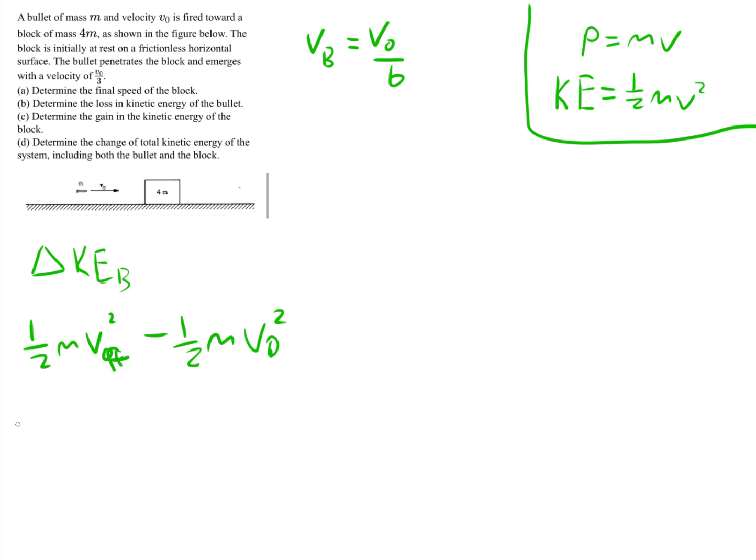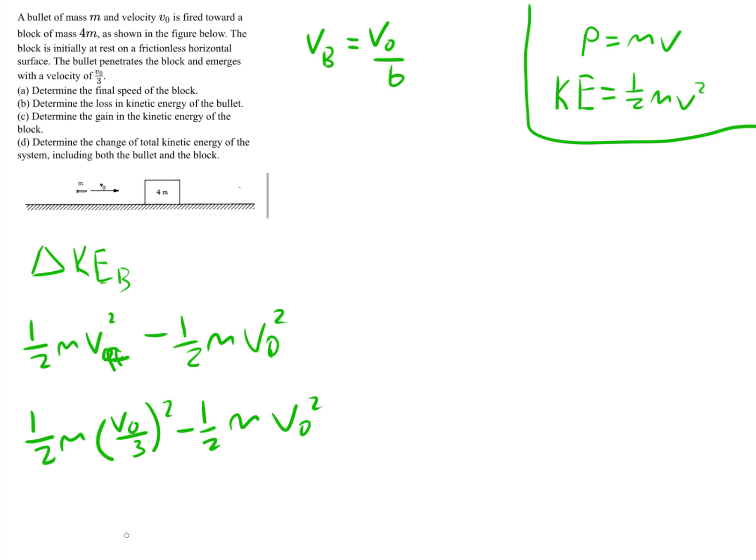And now we can just plug all of our values in. So we get 1/2 m. Now the velocity of the bullet after it goes through is the initial velocity divided by 3. And subtract that by this one, which is the kinetic energy of the bullet before it goes through the block.